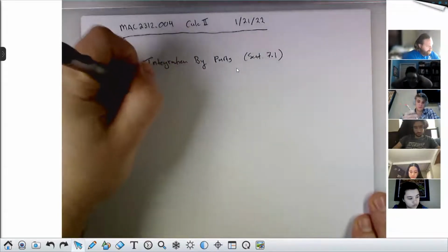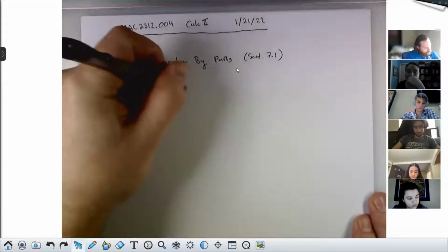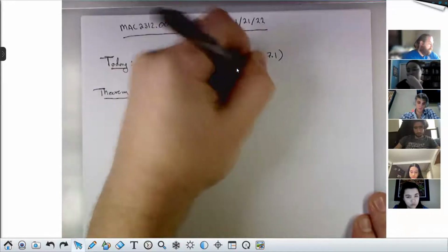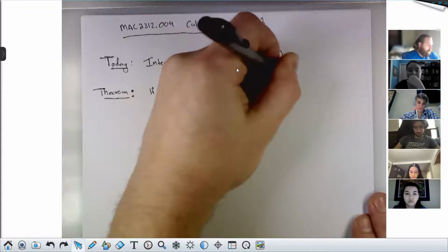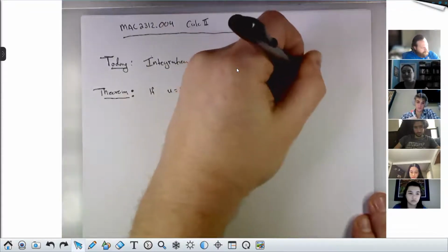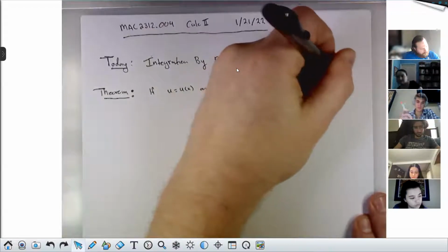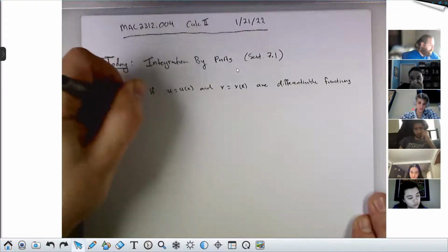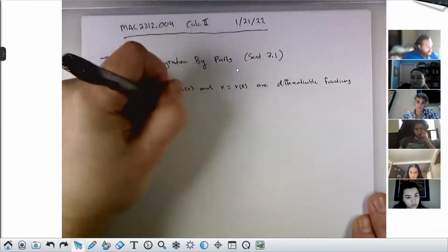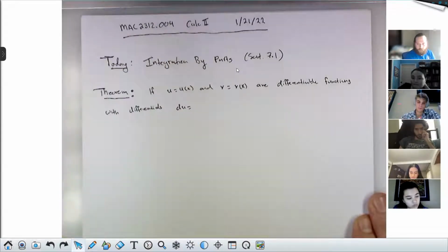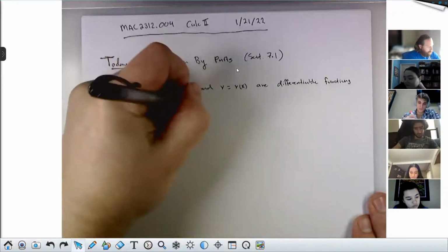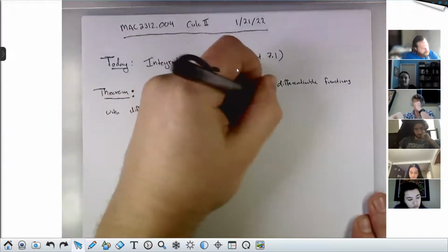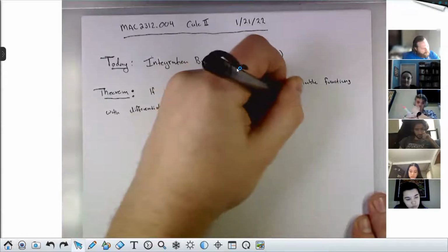What this says is if u equals u of x and v equals v of x are differentiable functions with differentials du, so remember, just like how you calculate differentials when you're making a substitution, du would be u prime of x dx, and dv is v prime of x dx.